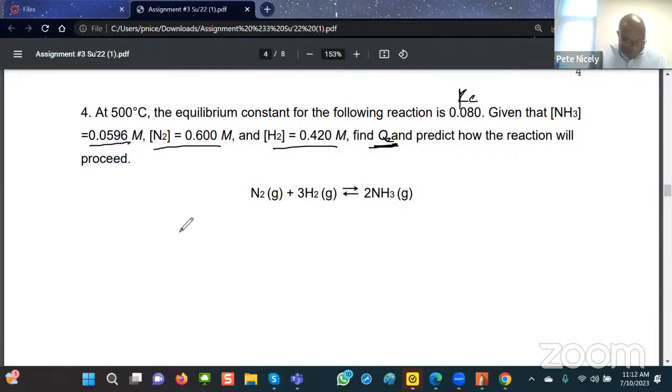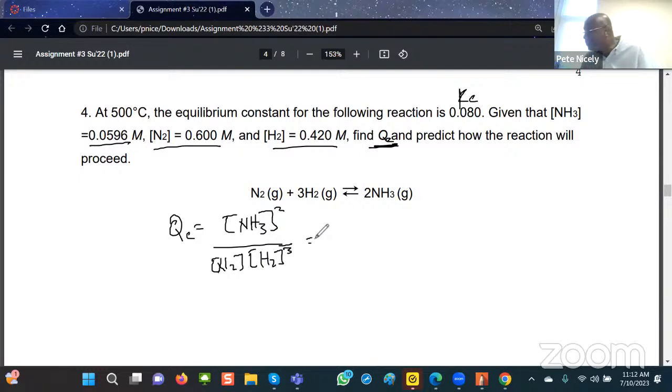So first thing I'll do is write down the expression for Qc based on this equation here, and that would be equal to the concentration of NH3 squared divided by the concentration of N2 times the concentration of H2 cubed. And then I'll put in the values.